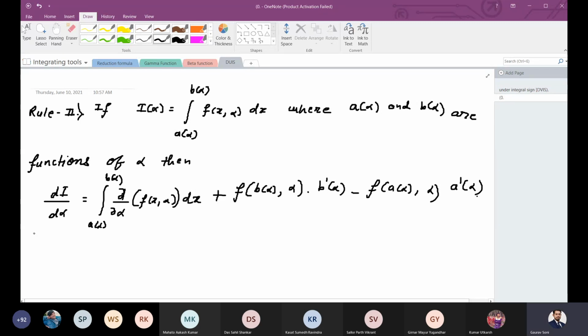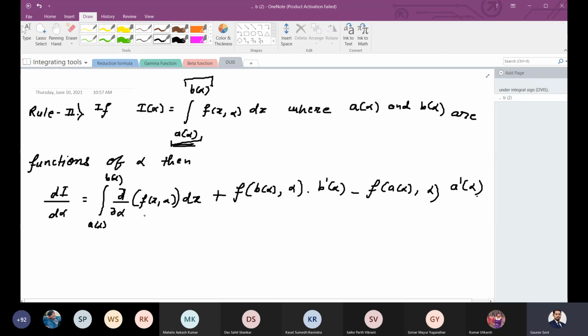So rule number two looks a bit lengthy, but it is quite easy to remember. Rule number two states that if your limits, a of alpha the lower limit and b of alpha the upper limit, are functions of alpha, then you cannot just simply take the derivative inside and go for solving.